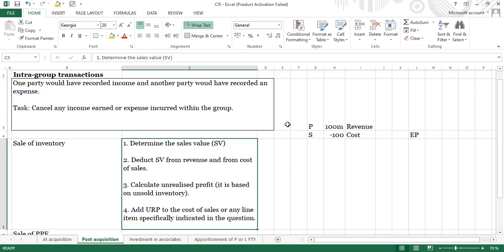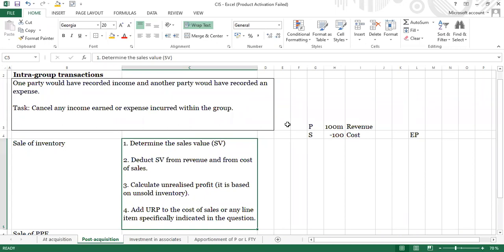Now, if you recall, when you are making your adjustment for unrealized profit in your SFP, you always remove it from inventory. We've not done that. What is there is that in determining the profit, remember that cost of sales is opening stock plus purchases minus closing stock.